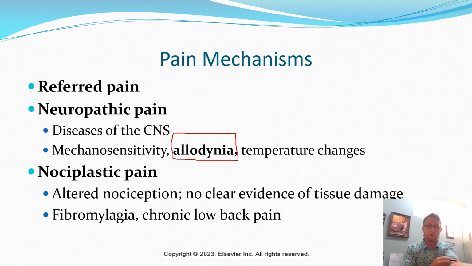So maybe we're drawing on our arms with a marker, but to them it feels like they're receiving a tattoo. They have that noxious kind of perception of that pain, okay? So really important to know those two terms and the difference between them. Hyperalgesia, noxious stimulus with a heightened response. Allodynia, non-noxious or non-threatening stimulus that is perceived as noxious or threatening to the tissues, okay?